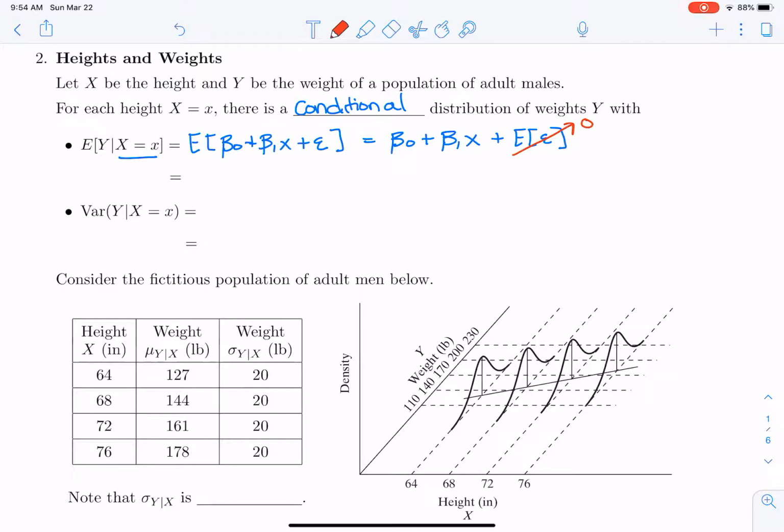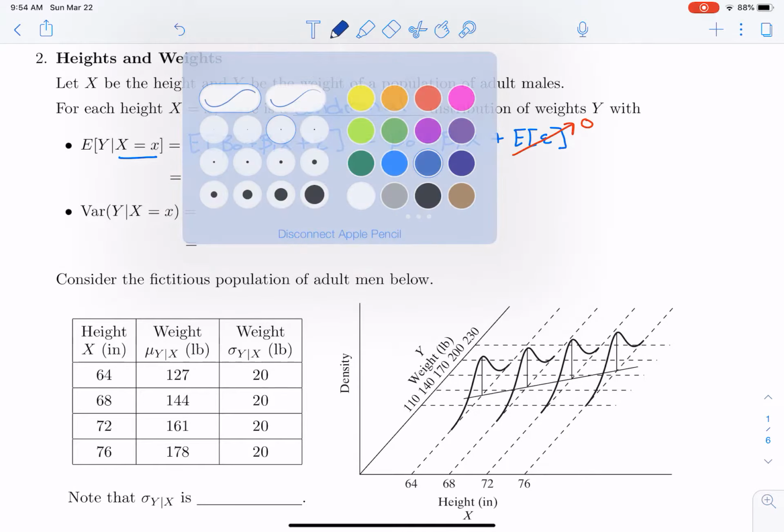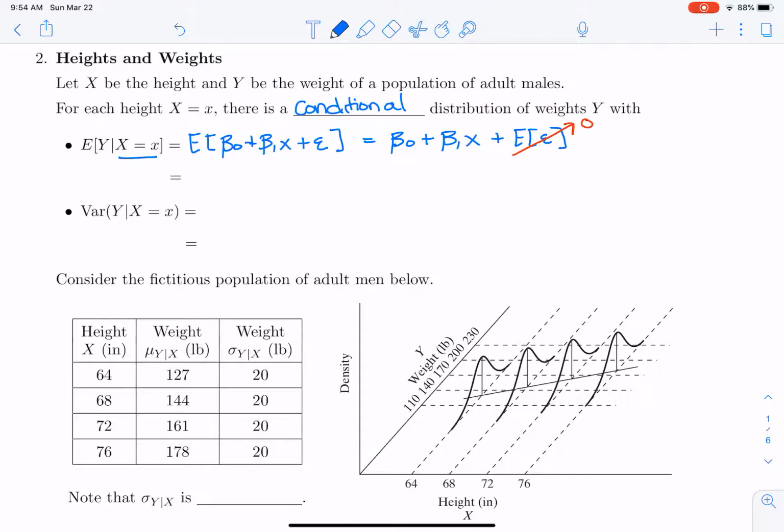So the expected value of y given x is just beta 0 plus beta 1 x. It's just a line. So the expected value stands for the mean weight of men who are x inches tall.